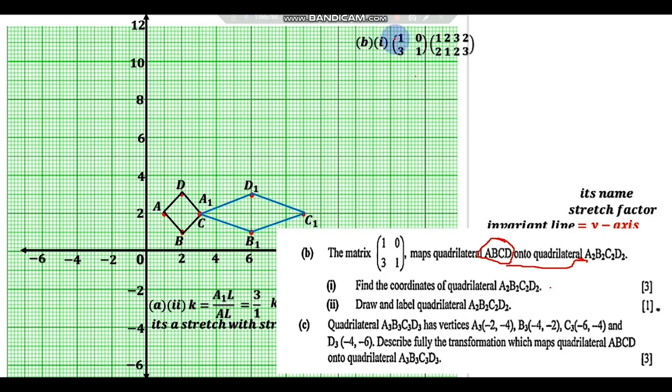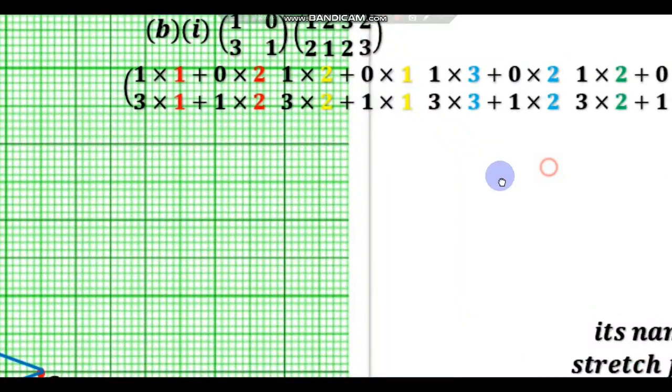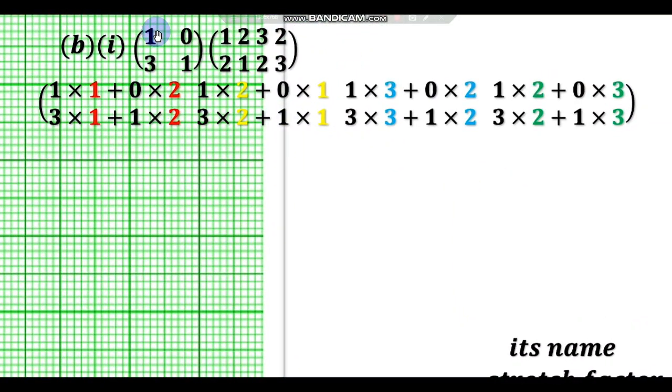We are multiplying row by column. So we have 4 columns. Now look at this. The first row has 1 and 0, and I'm multiplying it with these columns. Where you're seeing colors, those are the different columns of the second matrix.